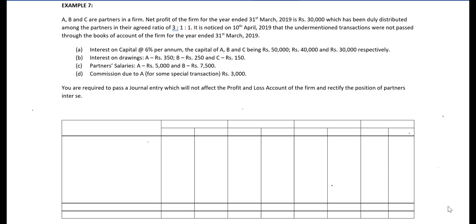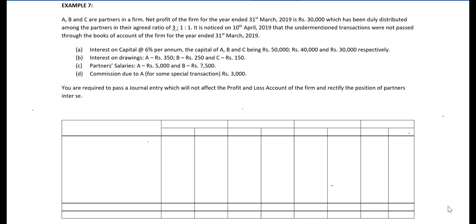Partner salaries: A rupees 5,000 and B rupees 7,500. Commission due to A for some special transaction, rupees 3,000. You are required to pass a journal entry which will not affect the profit and loss account of the firm and rectify the position of the partners inter se.